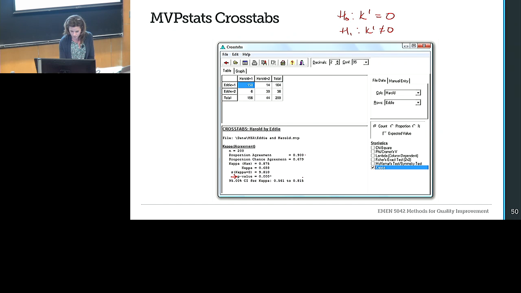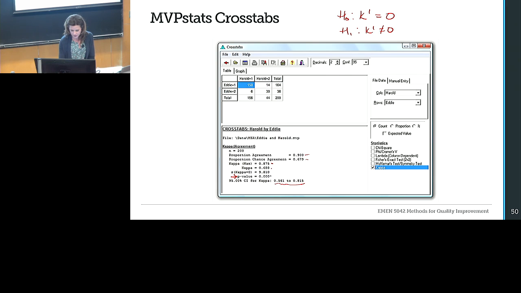Here's my overall proportion agreement. So I've got 180 out of 200, that's 90%. It's my proportion chance agreement based on how the marginals turned out. The max that I could have gotten is, and sometimes your proportion agreement ends up being higher than that, so don't worry about that. This is my kappa right here, and I have a confidence interval.